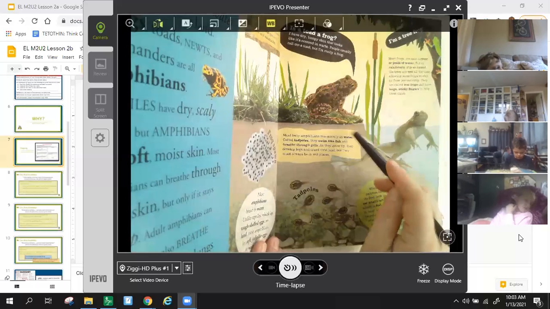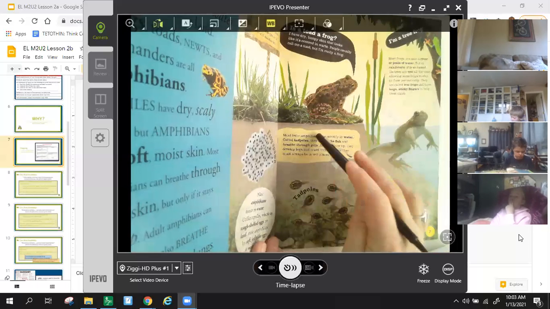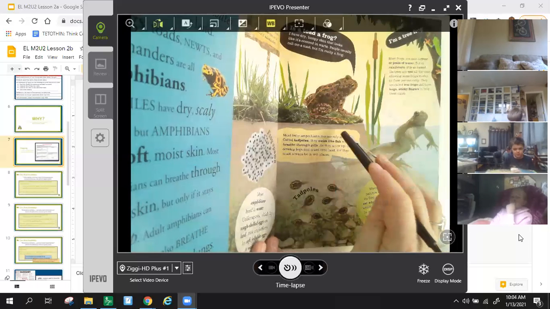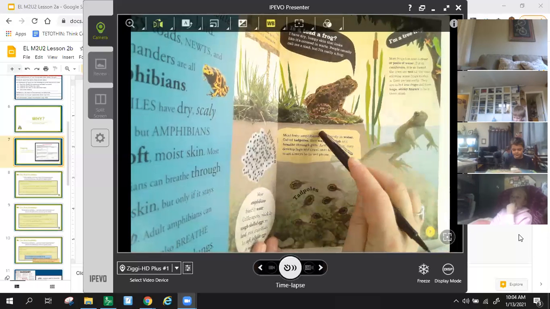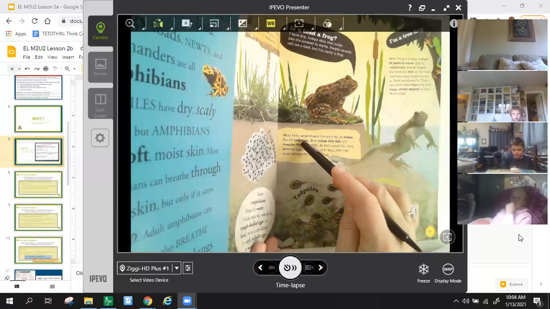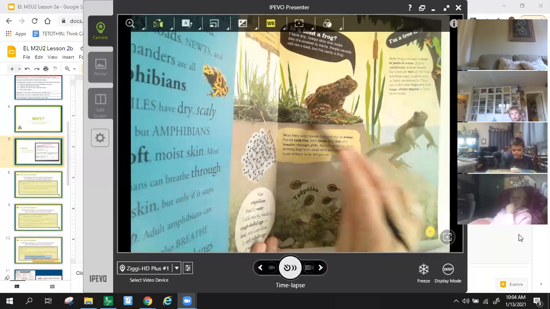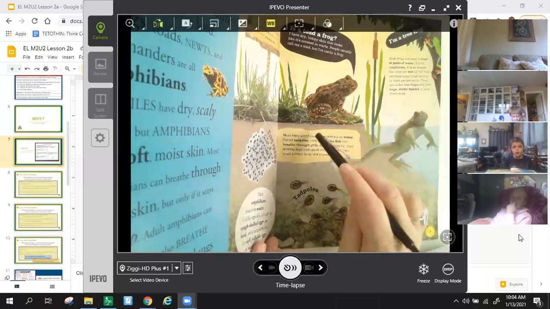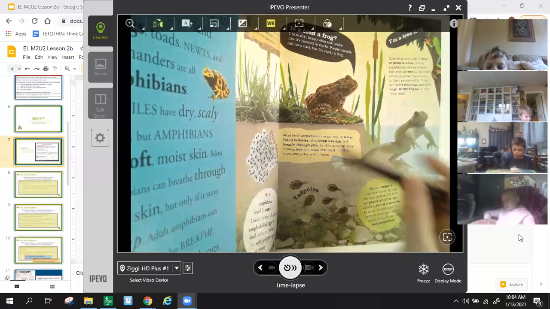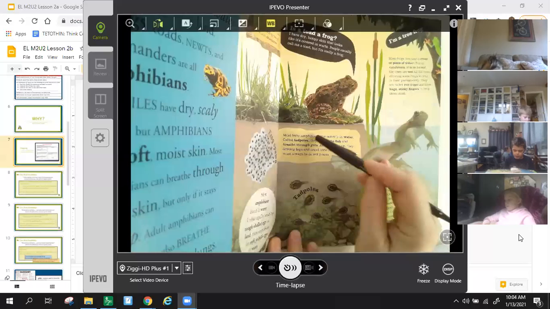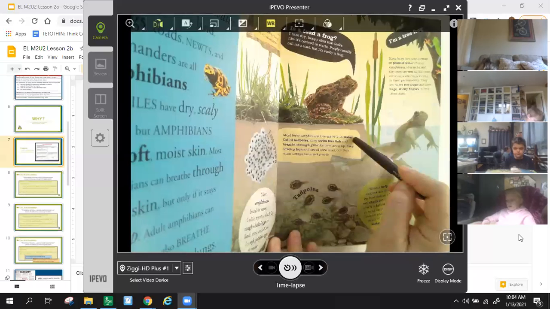Then it says, called tadpoles, they swim like fish, so tadpoles is also in bold. They're trying to help us understand that tadpoles are what this section's about, and they are the baby amphibians. They swim like fish and breathe through gills.